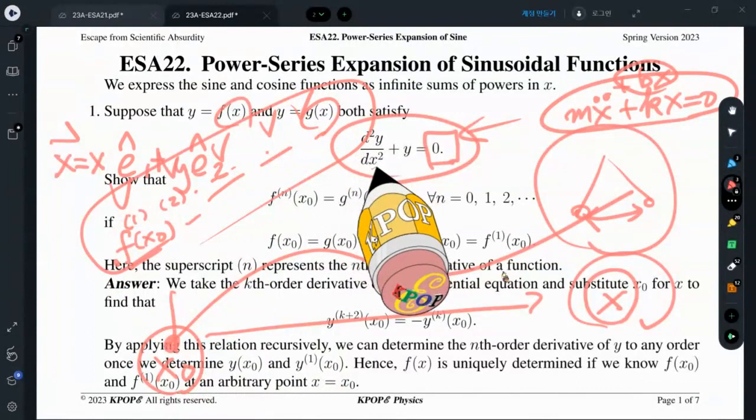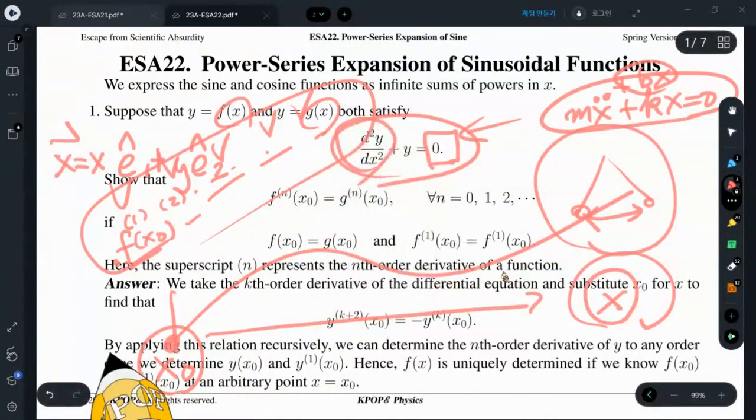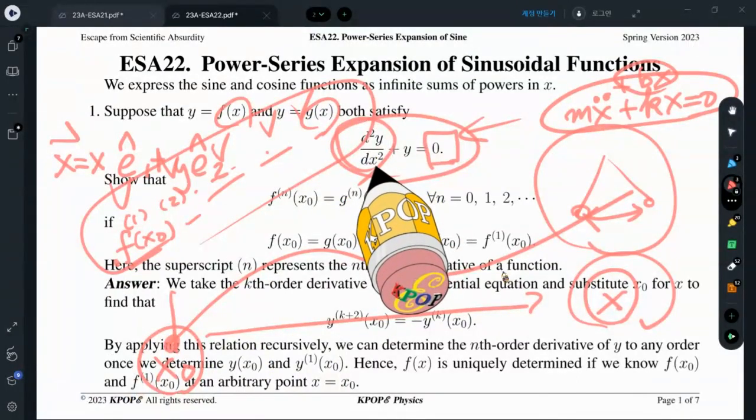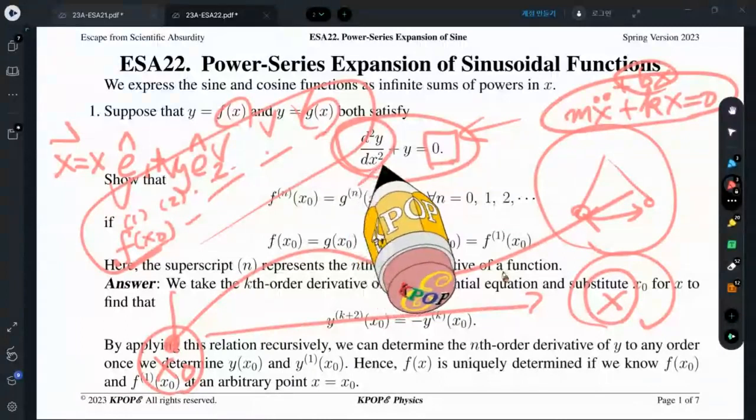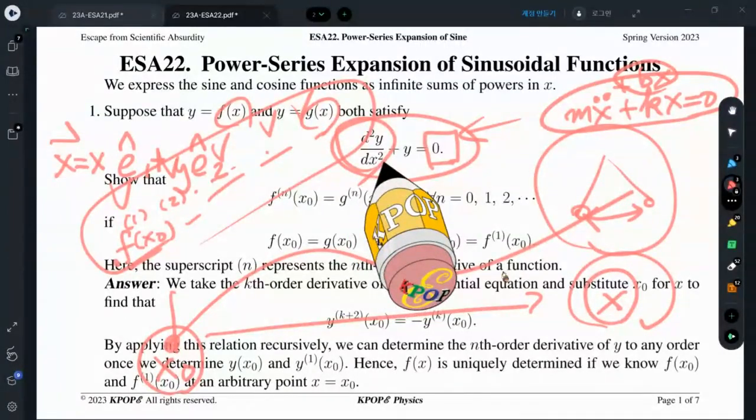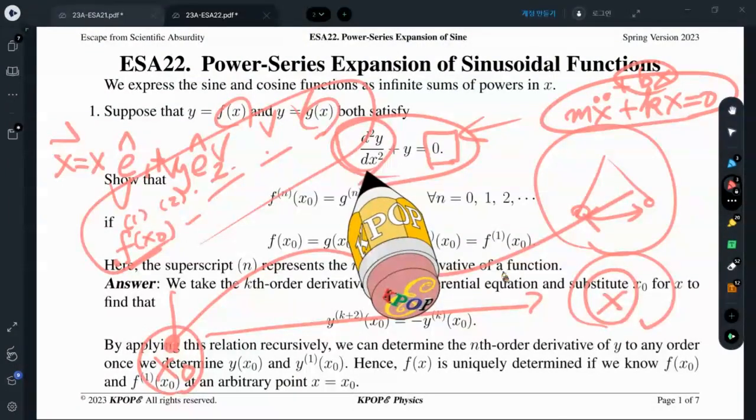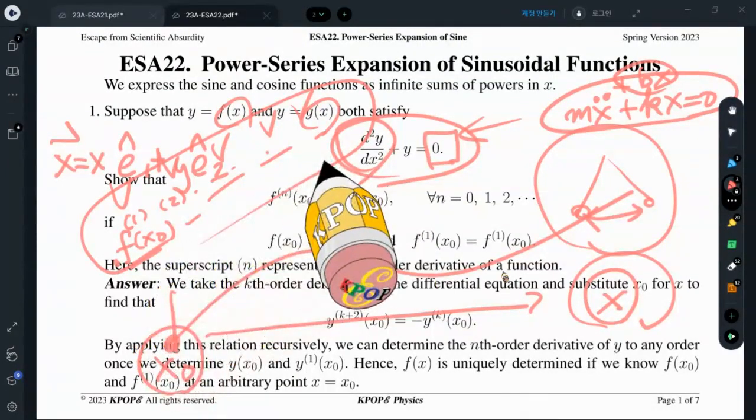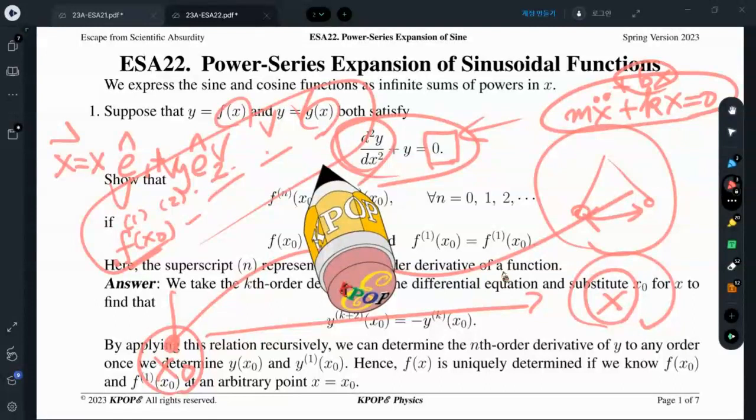However, the differential equation directly tells you that there are only a few linearly independent constraints on them. What I mean is there are only a few actual independent parameters to determine the function.